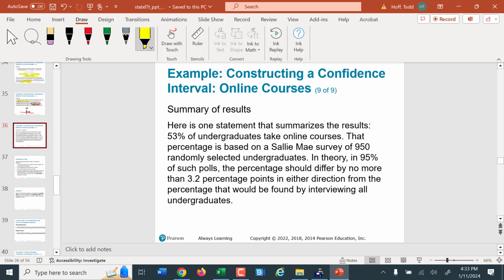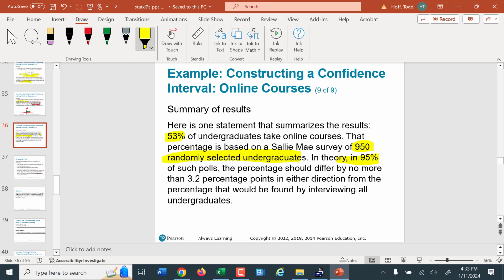First of all, what is their estimate? The 0.53 or 53%. They're estimating that 53% of undergraduates take online courses. Of course, they're always going to say that part. They're always going to give you the statistic that they want you to believe. But they should also say sample size of 950, random, and hopefully it'll specify randomly selected. If not, that's a question you should always ask.